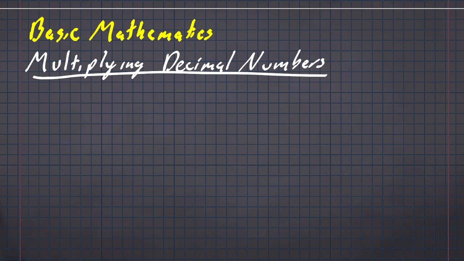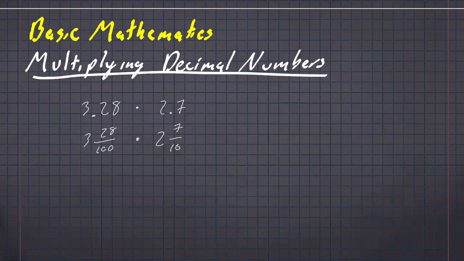Since we know that we can think of decimal numbers as mixed numbers or as fractions, if I want to multiply something like 3.28, 3 and 28 hundredths, times 2.7, 2 and 7 tenths, I want to take my inspiration from the process of multiplying mixed numbers.